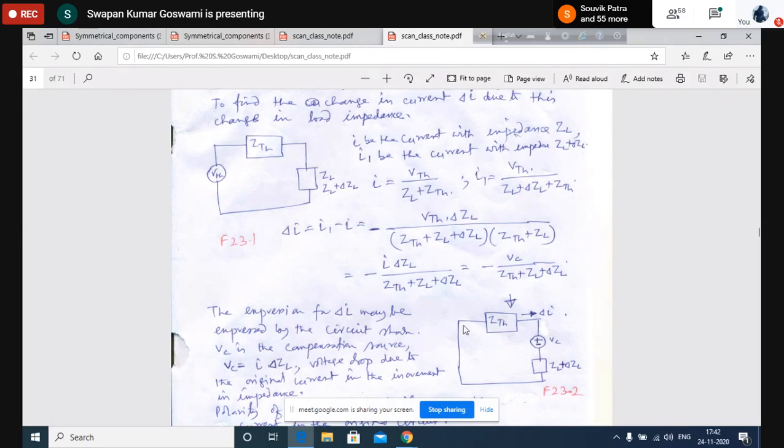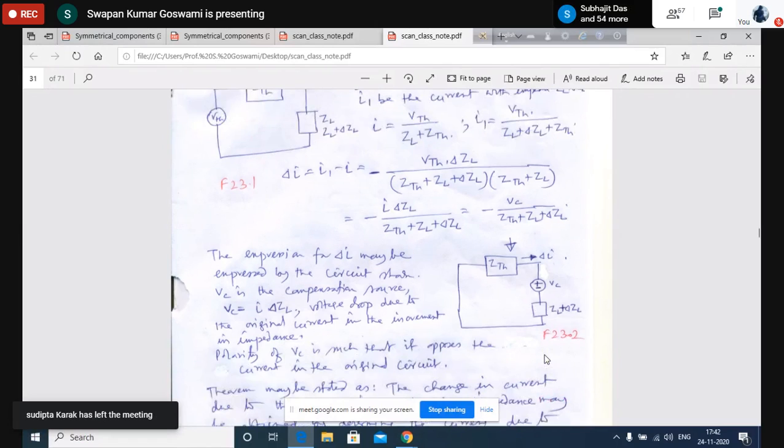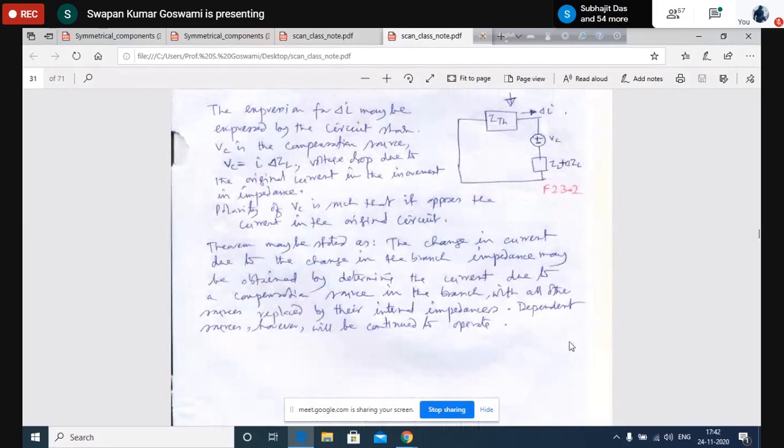What is needed? We have to have a solution of the circuit before the change in branch impedance. Then a shortcut technique is possible to find out the new current in the circuit. Now, is it clear? Then we shall consider an example.